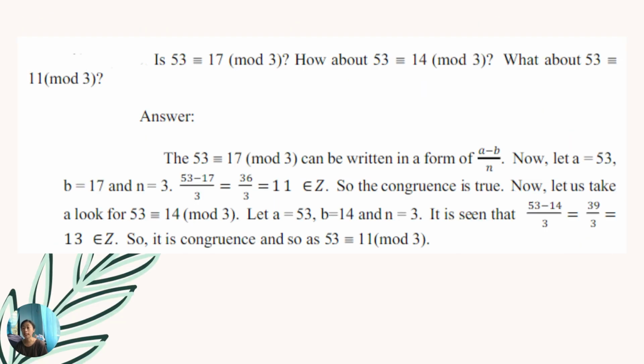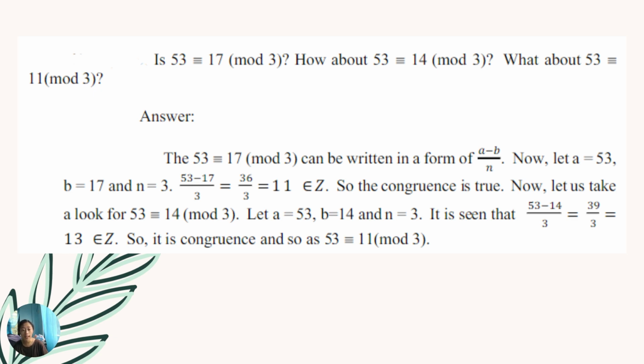Now applied to actual math: 53 is congruent to 17 modulo 3. How about 53 congruent to 14 modulo 3? What about 53 congruent to 11 modulo 3? So, the A here, as we can see in the solution, is 53. Then the letter B is 17.